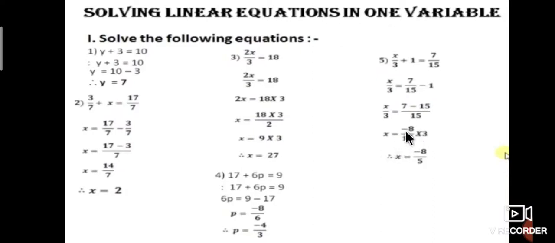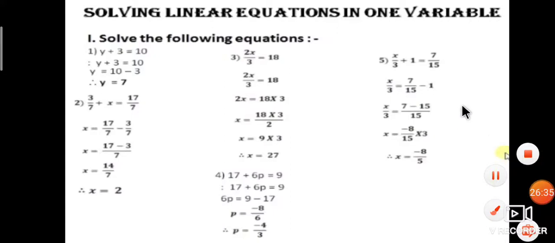X is equal to minus 8 divided by 15 into 3. Therefore, x is equal to minus 8 divided by 5 is the solution of the given equation.